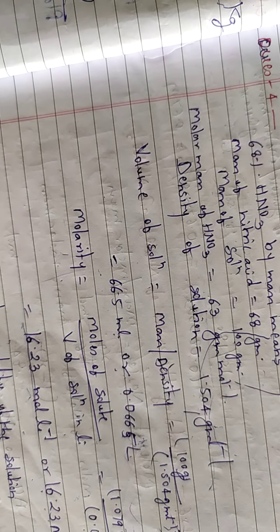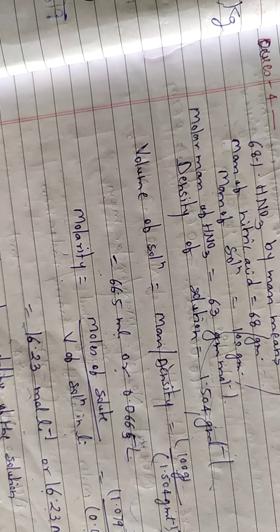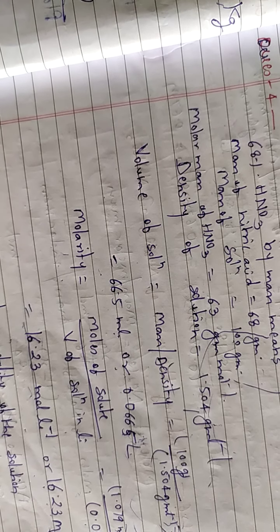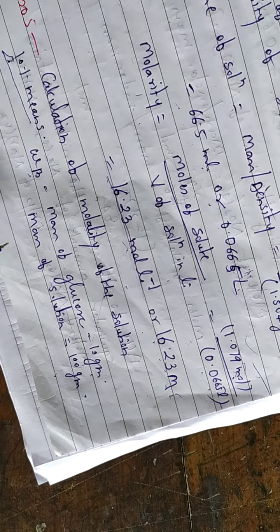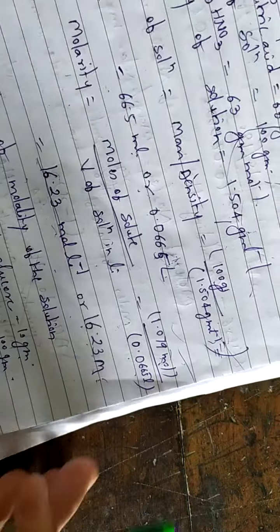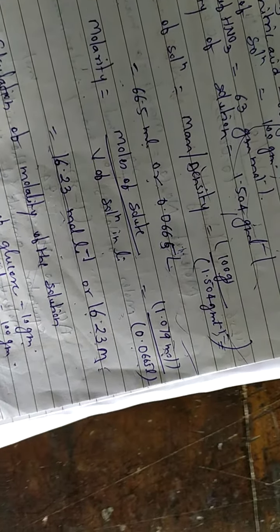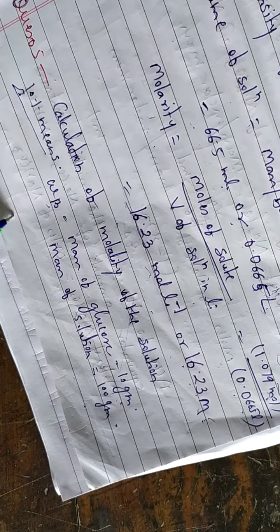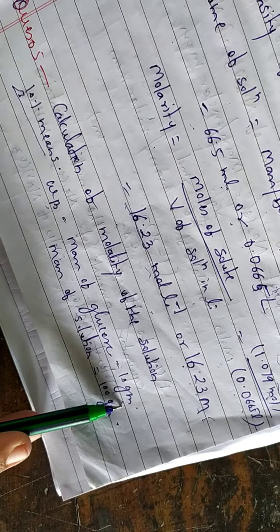Now calculation for molality of the solution. 10% means WB, the mass of glucose, is given as 10 grams.